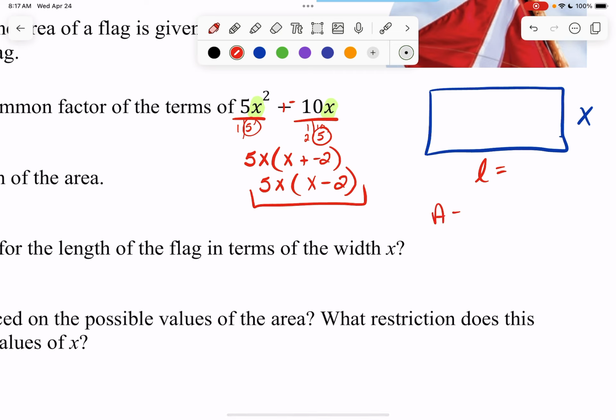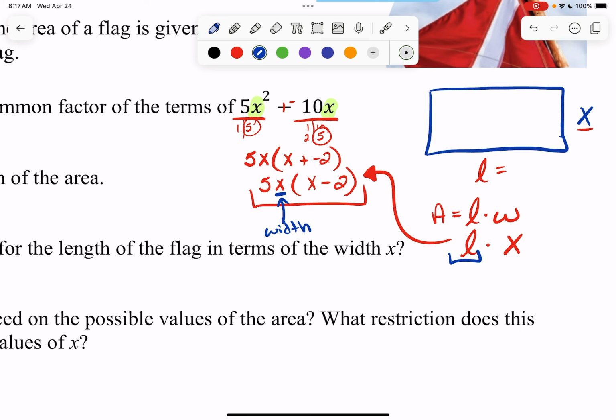I know area of a rectangle is length times width. And we know the width is x, so length times x. And we know that this final area is equal to that guy. So I'm trying to figure out, what am I multiplying by x? Well, there's my x right there. There's my width right there.